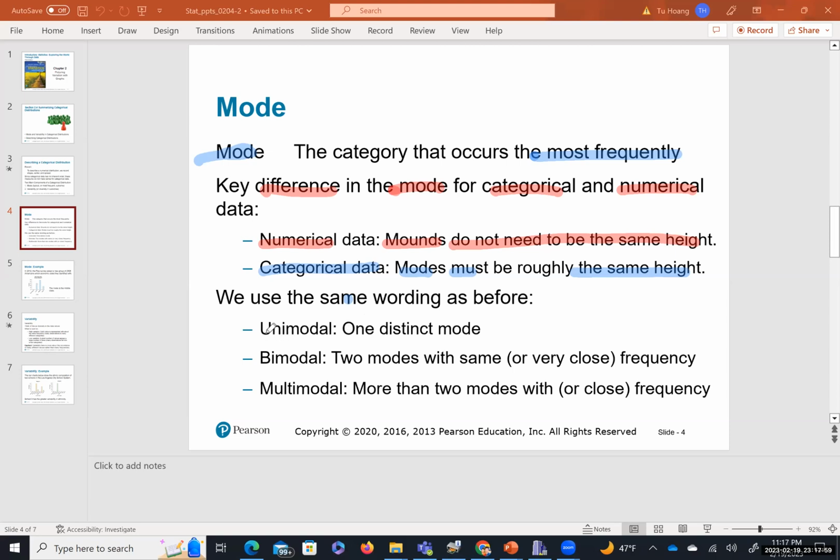Unimodal: we have only one mode. Bimodal: we have two modes with the same or very close frequency. And lastly, multimodal: more than two modes. Okay, so that is for the mode in categorical data.